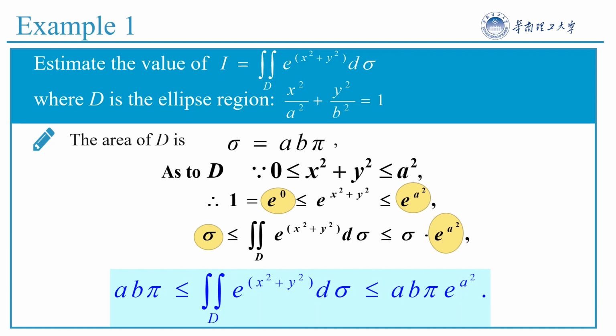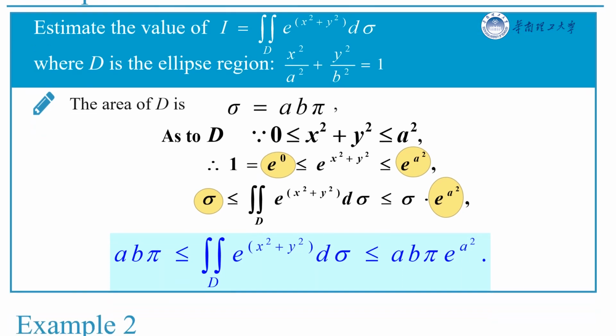Namely, we can obtain the double integral is greater than or equal to ab pi and is less than or equal to ab pi times e to the power a squared.